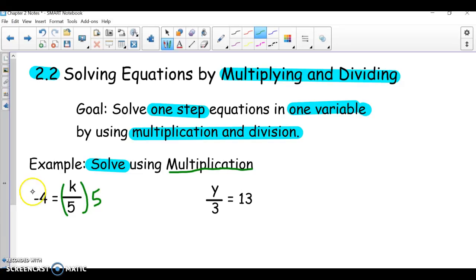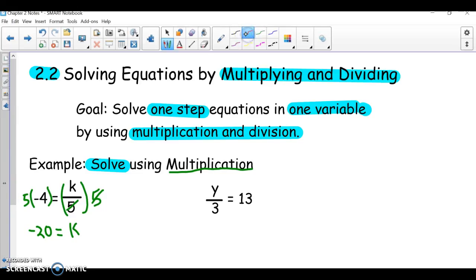If I multiply one side of an equation by 5, I have got to go to the other side and multiply that by 5 also. 5 times -4 is -20, and that equals k. Because these 5's, multiplying by 5 and dividing by 5, cancel out, because 5 divided by 5 is 1. So we get k by itself.